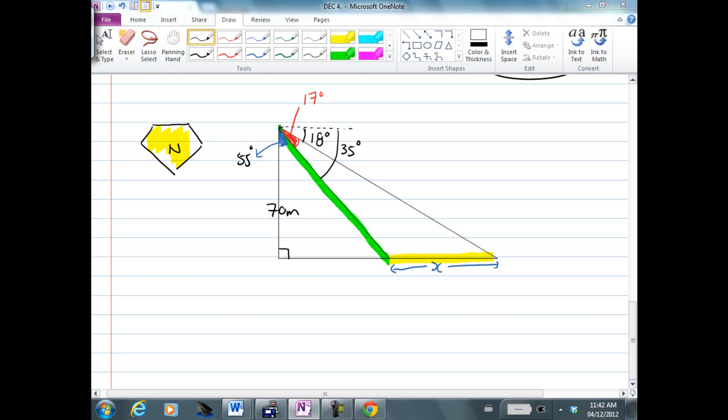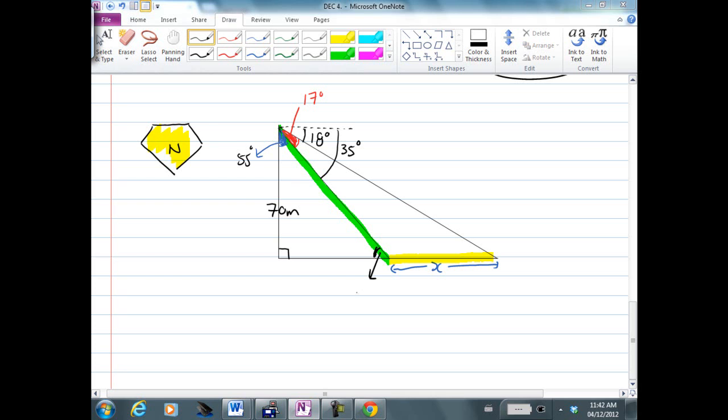Again, I try to label as much as I can because I may need it later. Because 180 is a straight line, this is 90 degrees right here, perfectly. So therefore, this last little piece you can find right here easily.